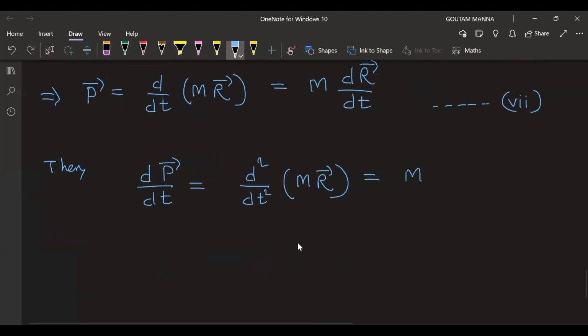This is M d²R/dt², total mass times the acceleration of the center of mass, which is basically F external, the total external force.